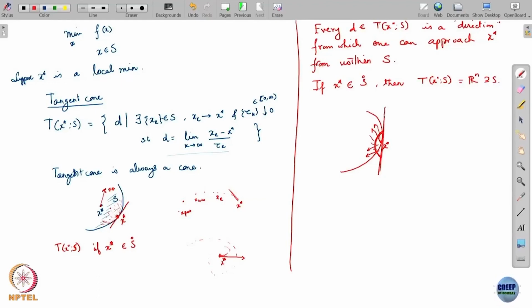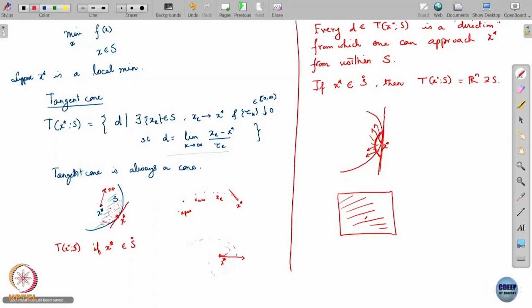Right. But then it's a little more complicated, for reasons I will explain. Let's suppose you take this sort of set. Suppose here's my set S. Now for a point here in the interior, we know what the tangent cone is. My set is this box in R2.